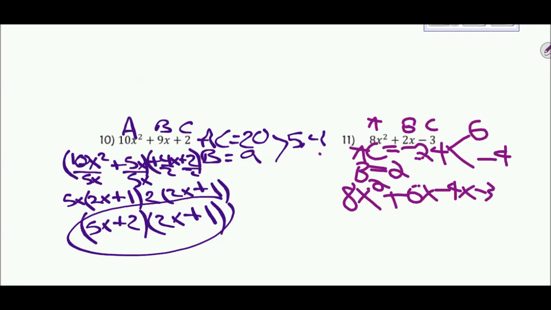And then you group the last 2 terms and the first 2 terms. And then something that comes out of both 8x squared and 6x is 2x.